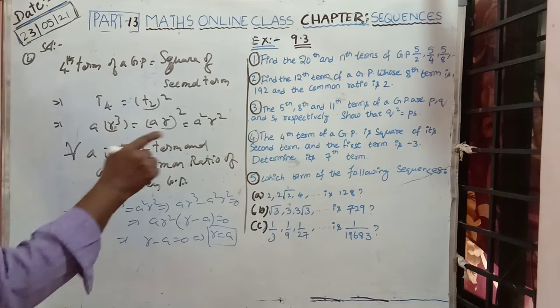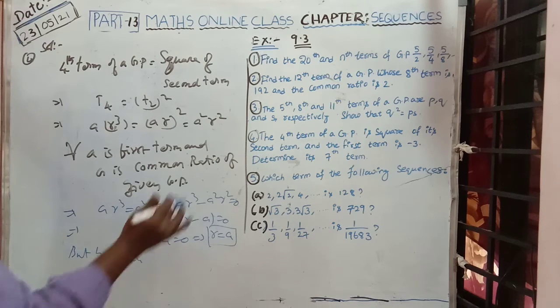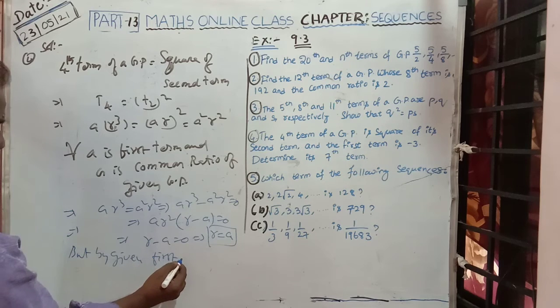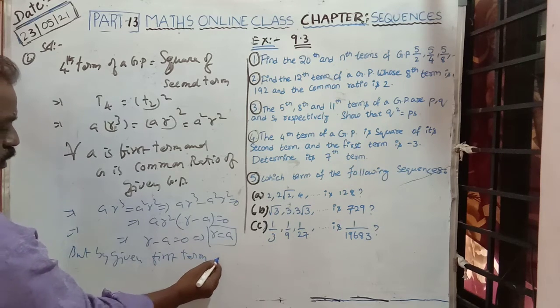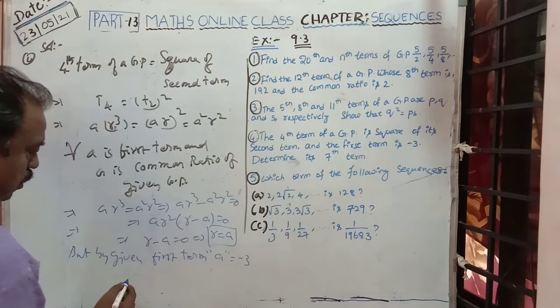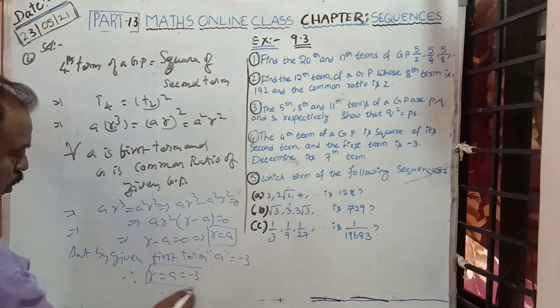But by the given, we are given the first term A is equal to minus 3. Therefore, R is equal to A is equal to minus 3.